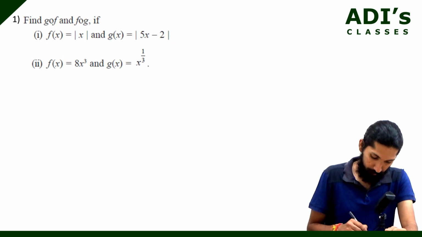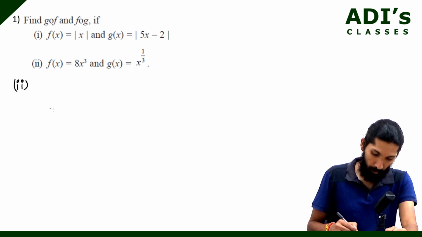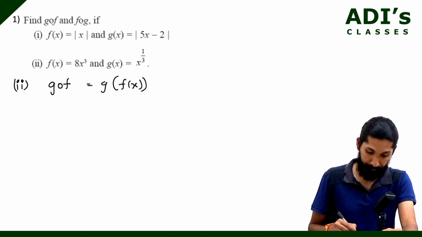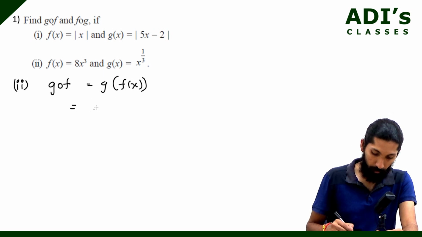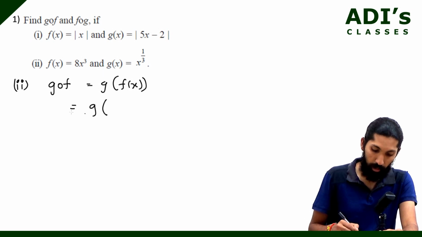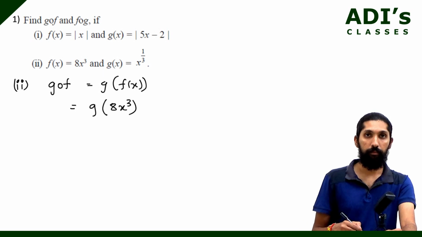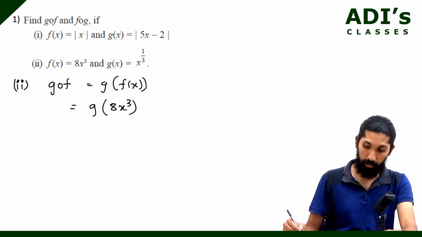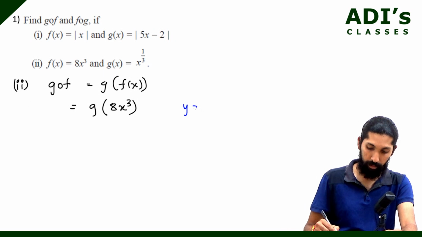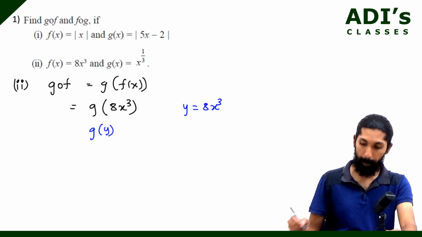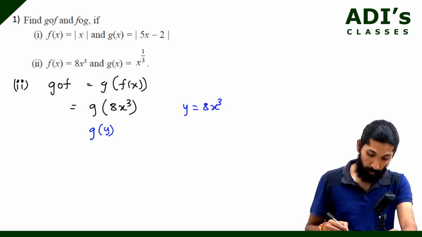See the second part now. We have first, we'll do GOF, that is g of f of x, right? So g of f of x will be g of 8x cube, correct? Now again, call this as y. So y is equal to 8x cube. So we get this as g of y, isn't it? Now what is g of y?